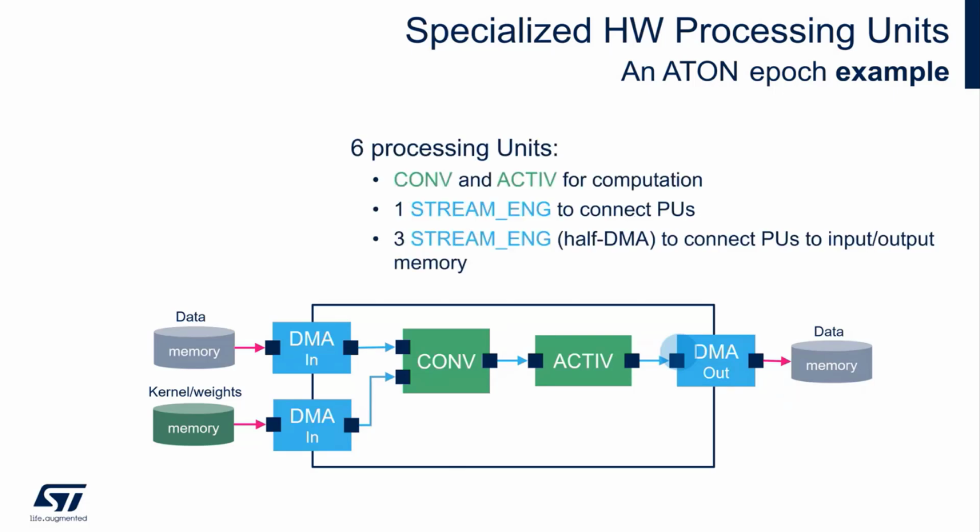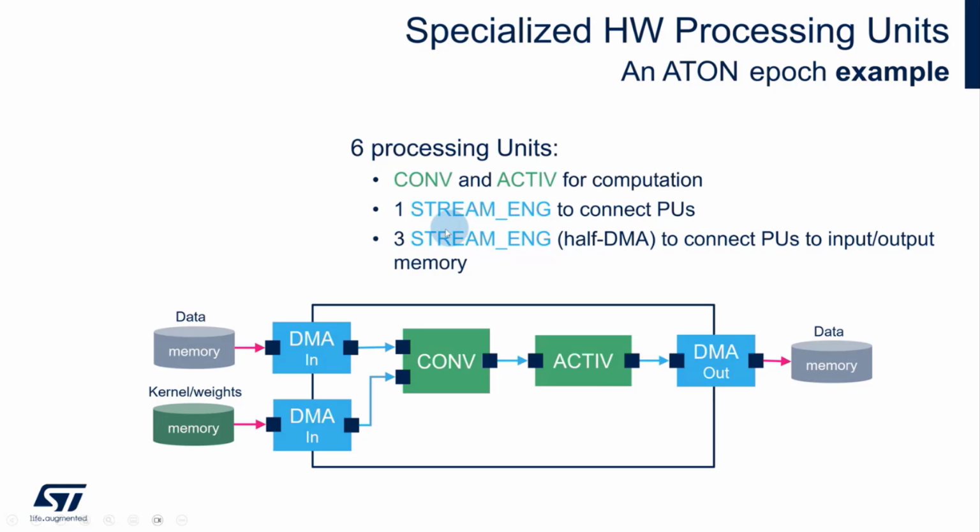So you have here 6 processing units. You have a convolution processing unit and activation processing unit, so to apply some activation function and perform some convolution. So these are computation activation units. Then you have a streaming engine processing unit. So this is only a connector between these two processing units.